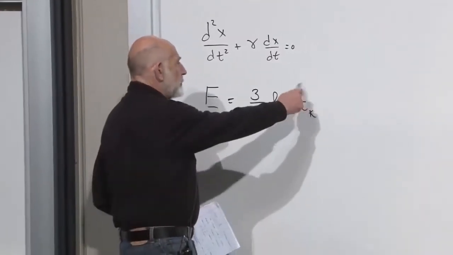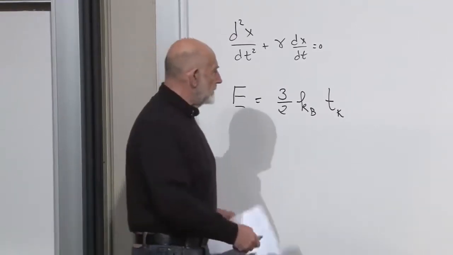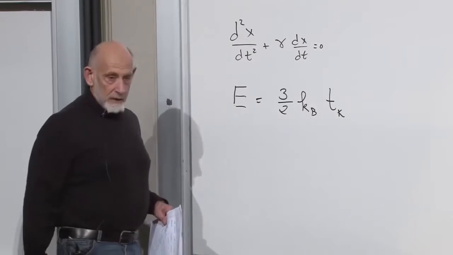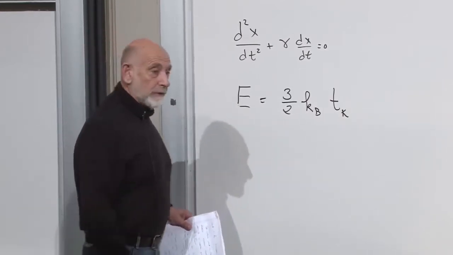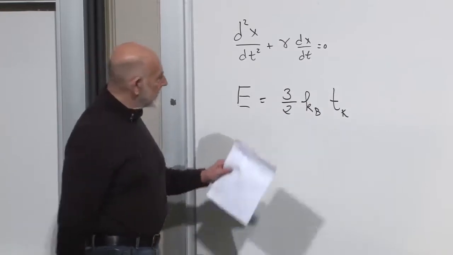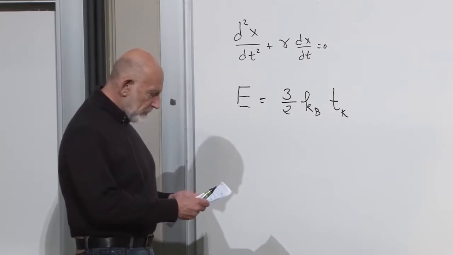If the temperature is 300 degrees, that's room temperature. The energy of a single molecule is clearly very, very small. So 300 is pretty big, E is terribly small. K Boltzmann is very small.